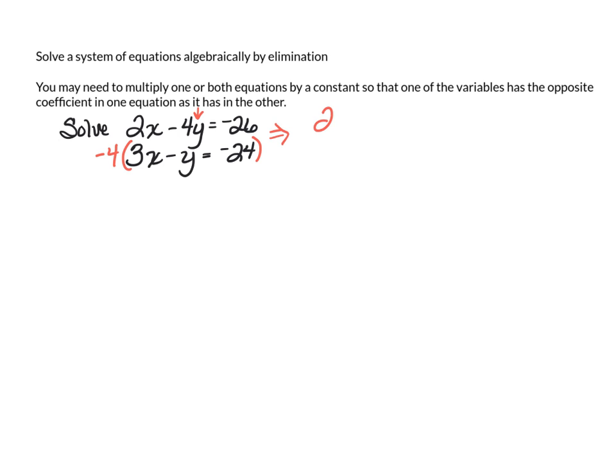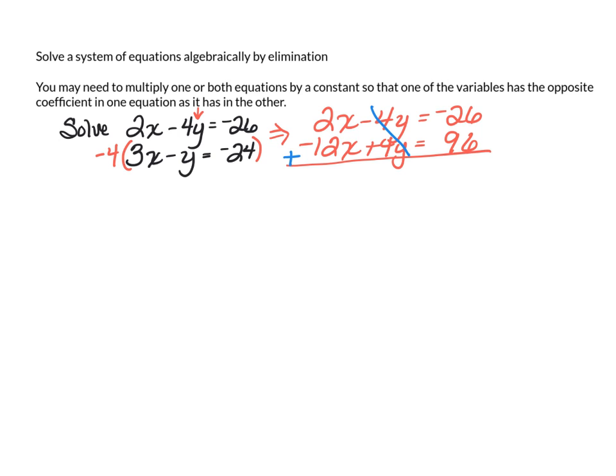So I'm going to leave the top equation alone, and I'm going to multiply the bottom equation by negative 4. So I get negative 12x plus a positive 4y equals a positive 96. Then I want to add those two equations together, and the y's will cancel.